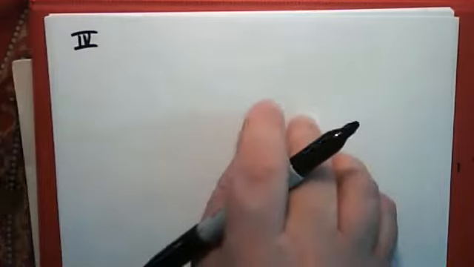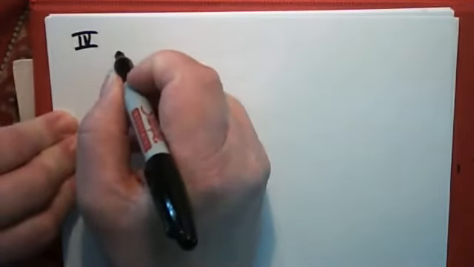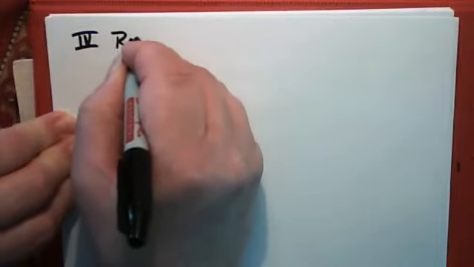And in this case, let's see, Roman numeral 4 on the next page or the back of the page, depending on how you're looking at this. We have an example.